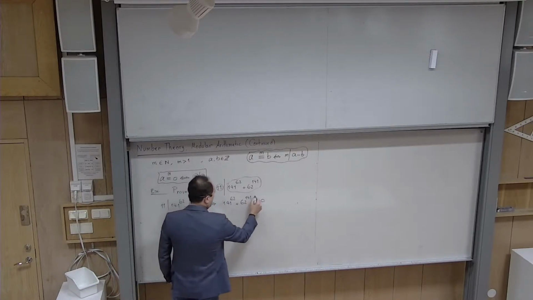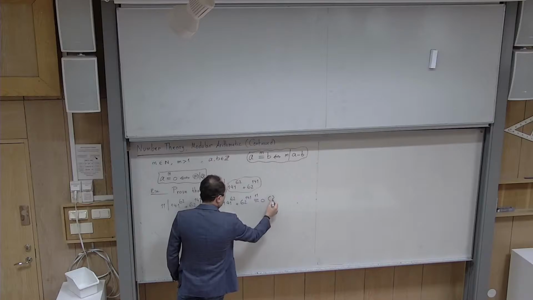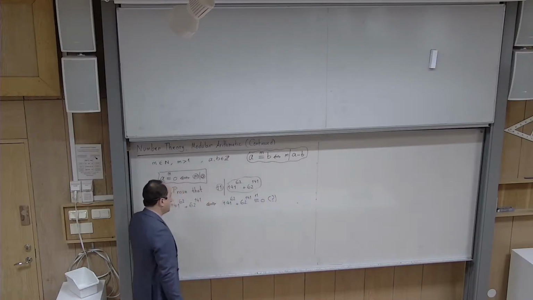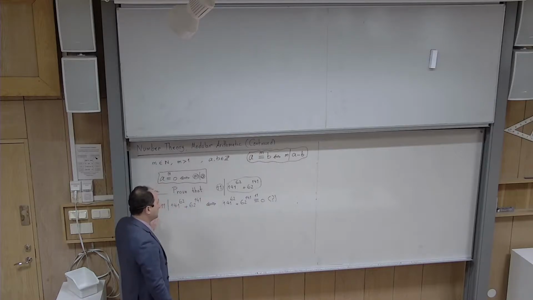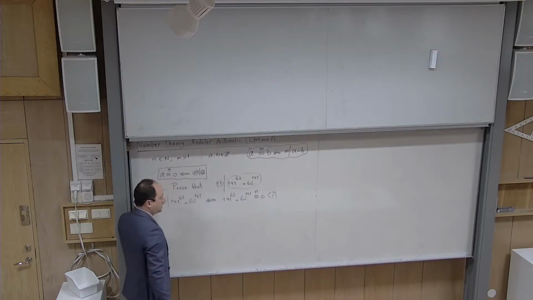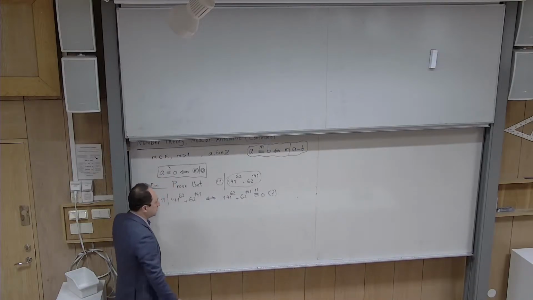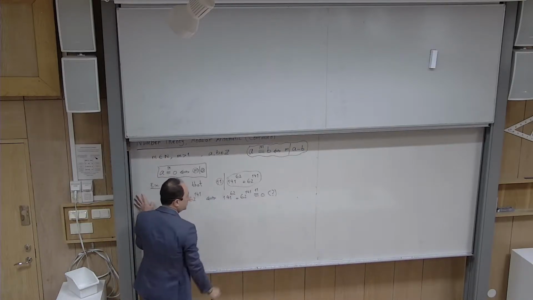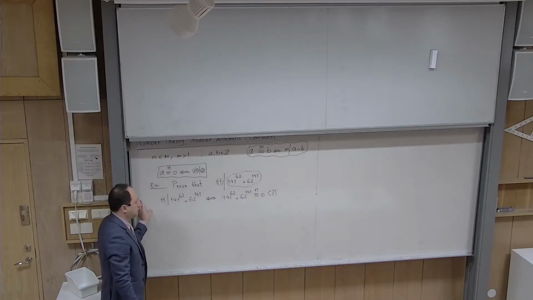This is my question mark. If I can confirm that, because it is equivalent to this statement, I'm done. So we have to start simplifying this expression in that module so that we can show that it is actually 0 when working in module 11.